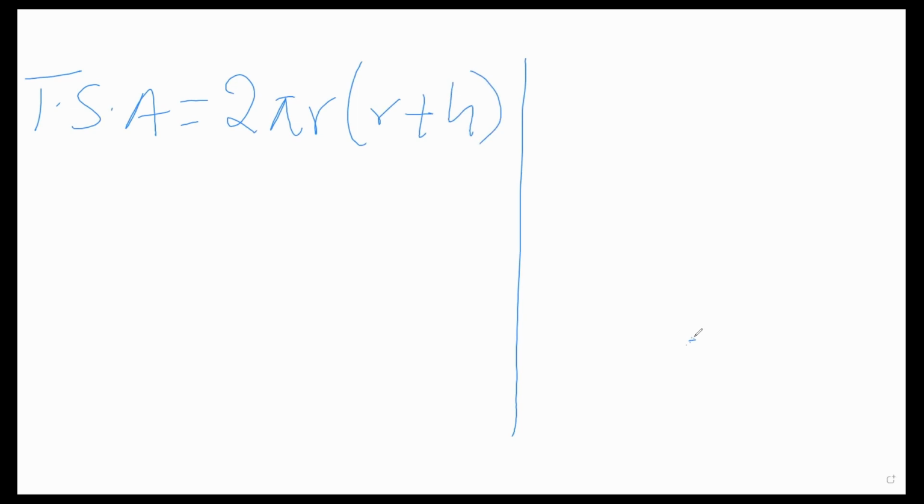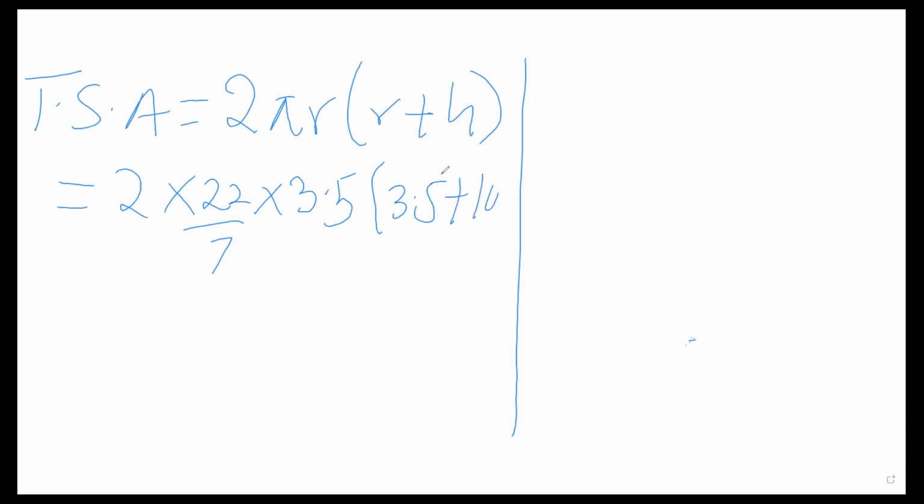And like we know, the radius is given by 3.5, and our h is given to be 10 centimeter. So now let's do that. We have 2 times 22/7, which is our pi, times r, which is 3.5, into bracket 3.5 plus 10.